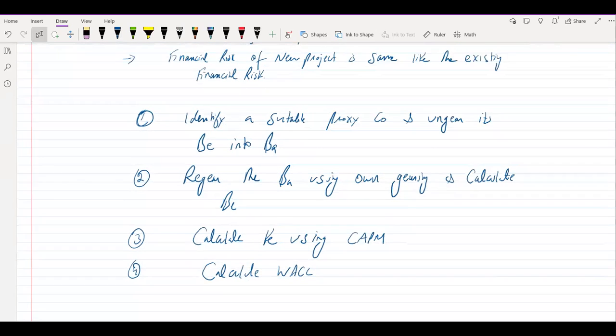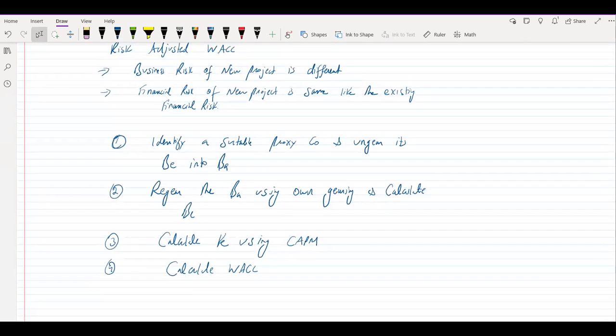That's how it will work. Risk adjusted WACC.